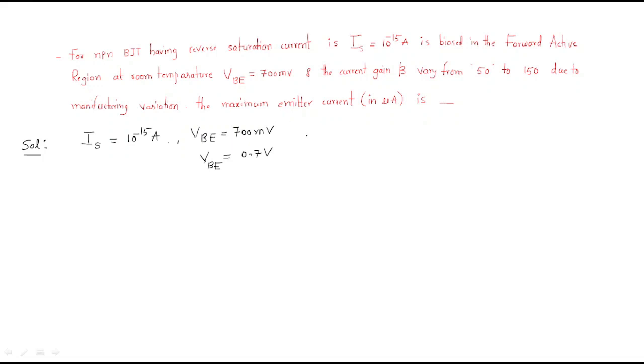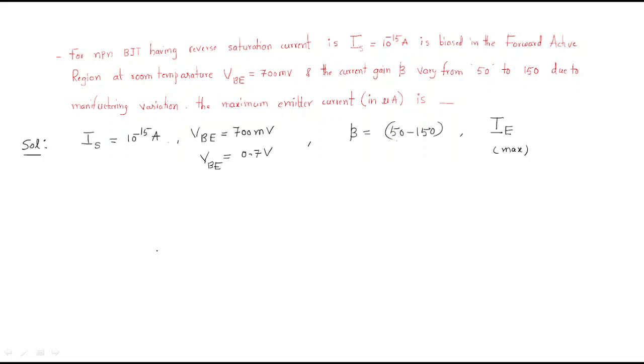The current gain beta varies from 50 to 150, two values due to the manufacturing variation. Find the maximum emitter current in microamperes. So we are asking for the emitter current, but it is the maximum emitter current. Okay, so this is the given question.